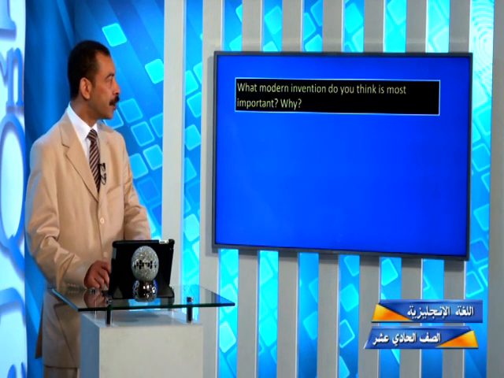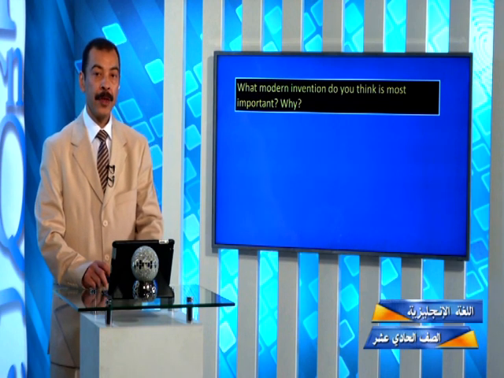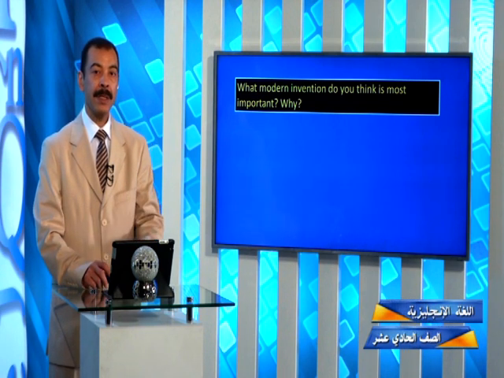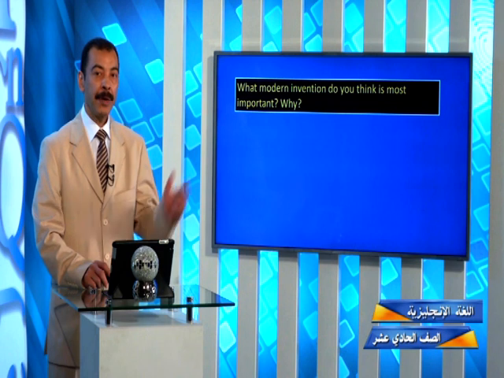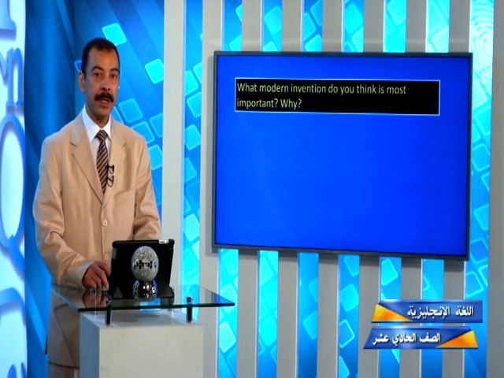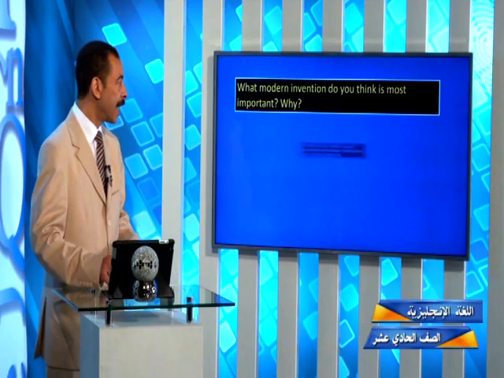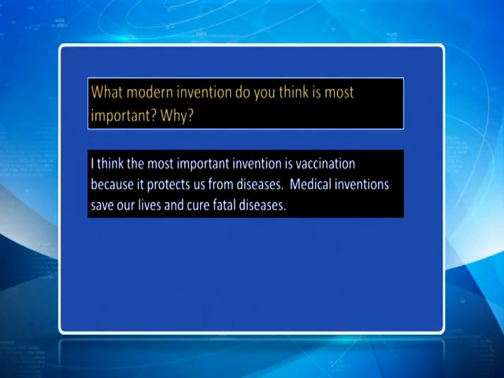The next question says, what modern invention do you think is most important? Why? Throughout your lessons, you studied about modern inventions. Now here, you are asked to choose one of these inventions and say why you think it is important. You have different inventions. We can choose one like this. I think the most important invention is vaccination because it protects us from diseases.